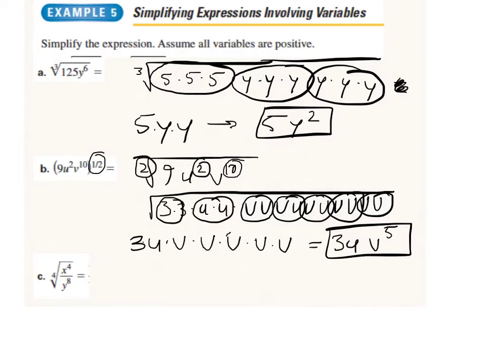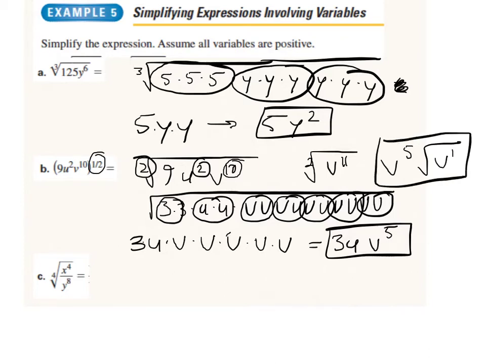And whatever that number is, you put out in front, and the remainder, if there would be one, let's say this was v to the 11th, and we had the square root of v to the 11th. Well, 11 divided by 2 is going to be 5, so I know v to the 5th came out. But the remainder would be 1, so there'd still be the square root of v to the 1st left behind. Okay? So that's another way to think about it. You can write them all out if that makes more sense. I'm okay with either.